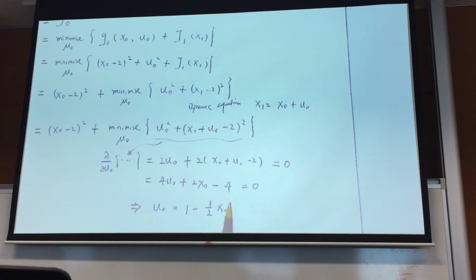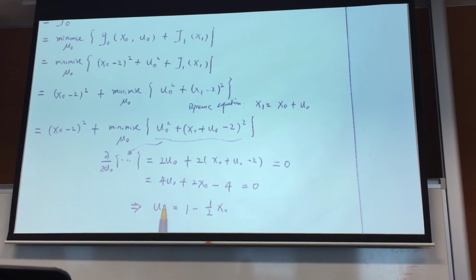So here we can see we get the optimal control policy for this stage. And by using the control policy, which is also a function, we can determine the optimal control input for any initial state.